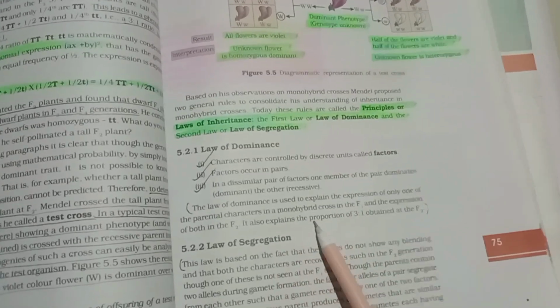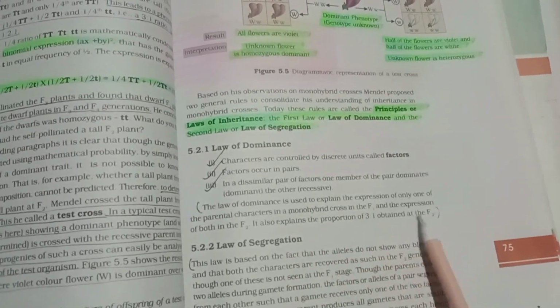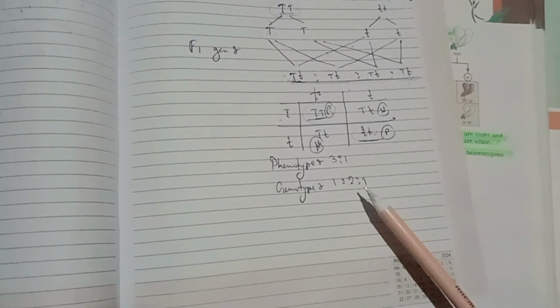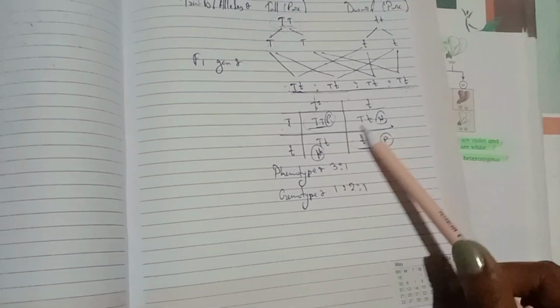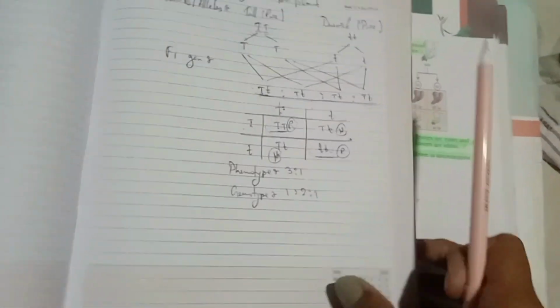It also explains the proportions of 3:1 obtained at the F2 as I have done here. Here it is, and the phenotype is 3:1. Threes are tall and one is dwarf. Then this is law of dominance.